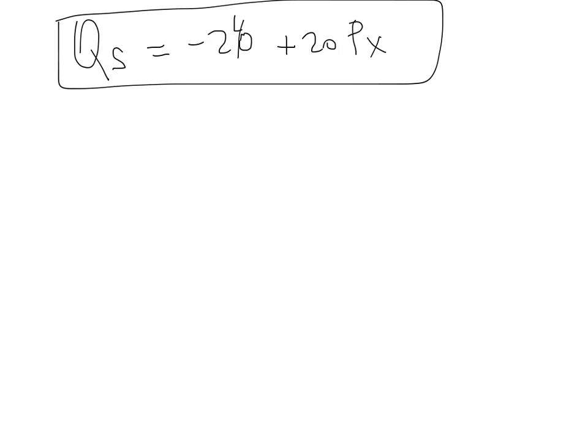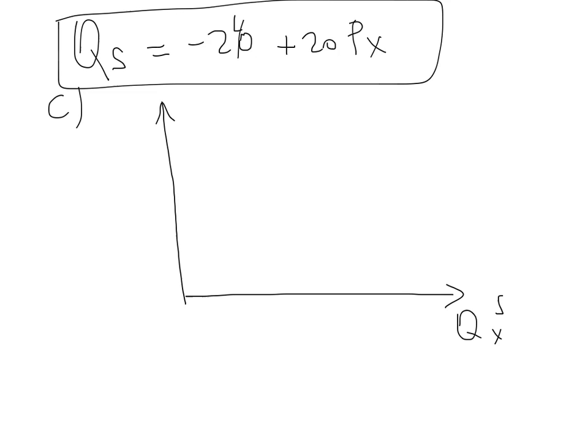Okay, so that's the final equation with the input prices given and the PZ given. And that was B. For C, you have to graph this final form of the equation showing the intercepts and slope. So that's going to be quantity supply of good X, and that's going to be price of the good X. So how do we find the intercepts?